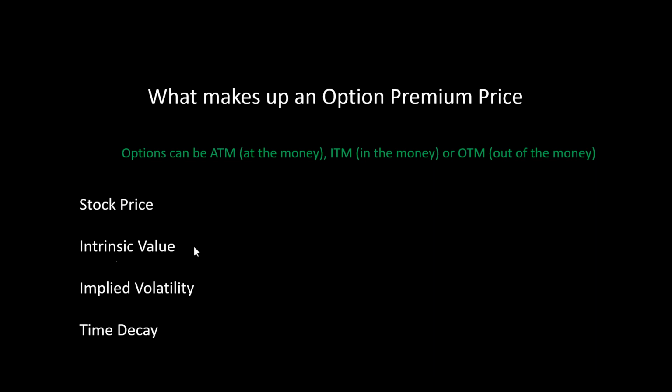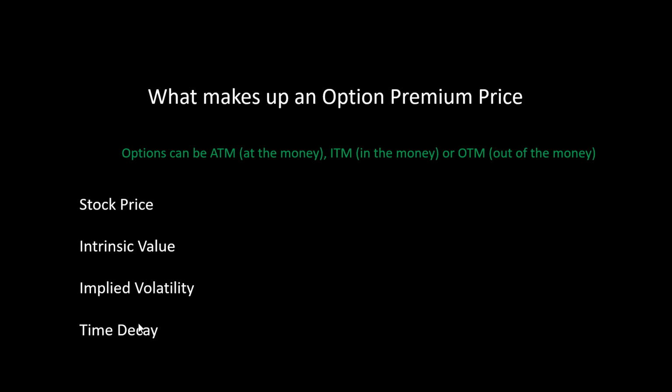Okay, sorry about that. So the option is going to be worth at least $5 if it's a $100 call and the stock's trading at 105. That's the intrinsic value. Then they're going to add in what's called implied volatility. How much does that stock move? Is it very volatile? So the market makers will add some additional premium to that $5 to cover the implied volatilities. So now instead of $5, that call might become $6.25.